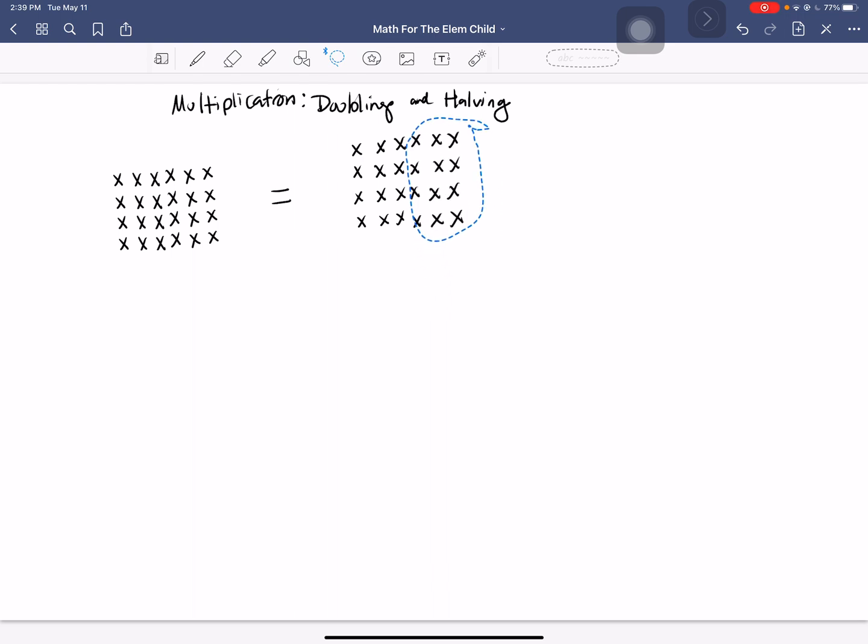It looks like it's smaller, looks like it's more compact, but it really isn't. It's the same array, it has the same value. So yeah, like I said, nothing was changed except the placement.